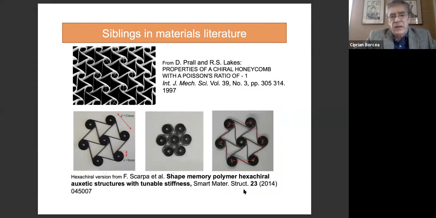And here's another illustration from a more recent paper. This is made of shape memory alloy. So you recognize here pretty much the central hexagon, its arm connections between hexagons.